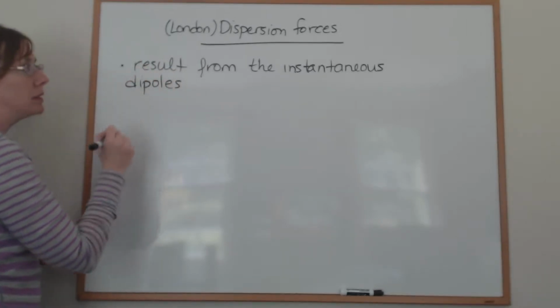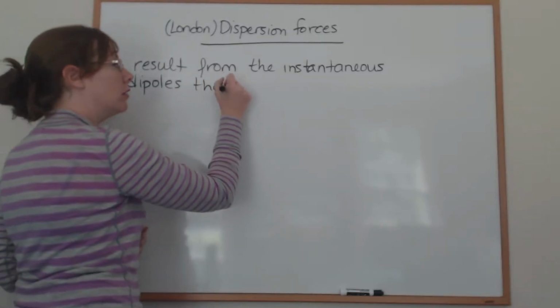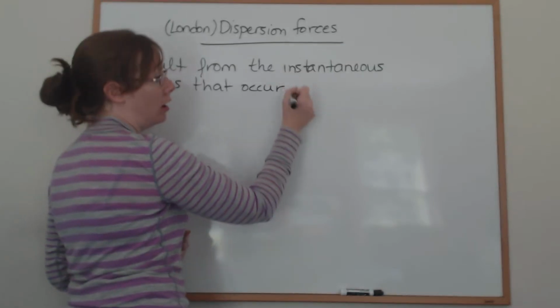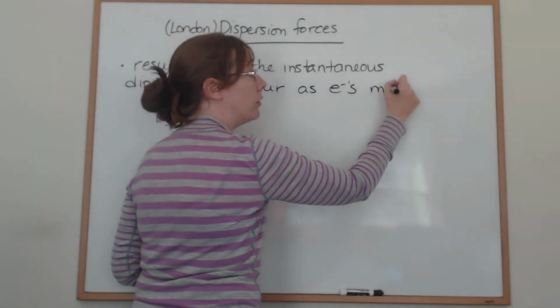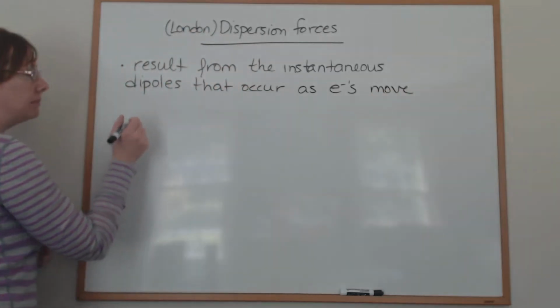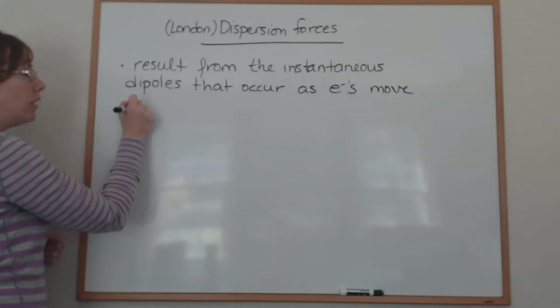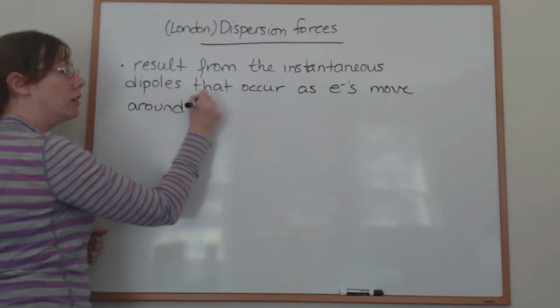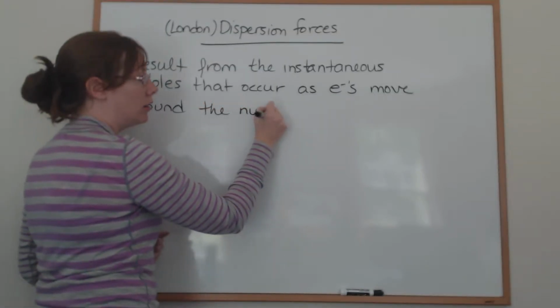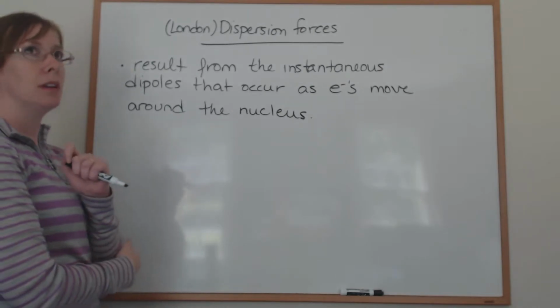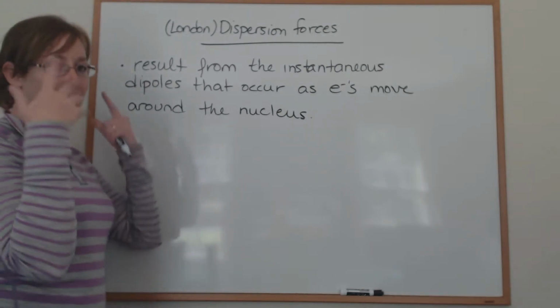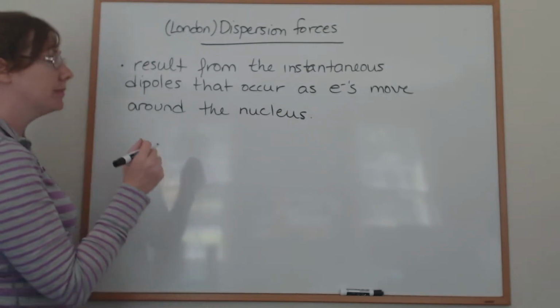Instantaneous dipoles that occur as electrons move around the nucleus. There's probably a more eloquent definition in your book, but that just came from my head, so it's close though.